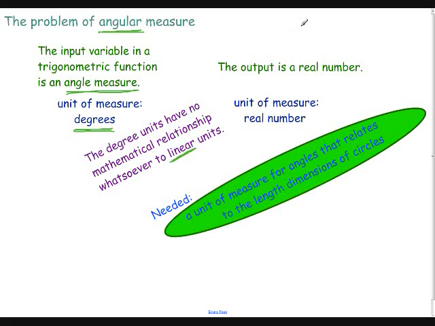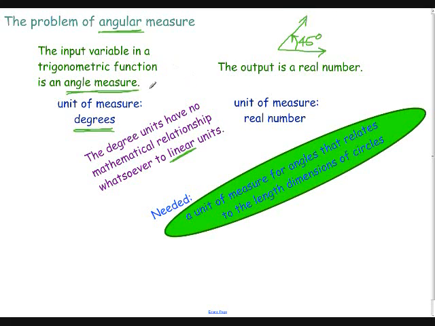If I tell you that we've got a 45-degree angle, that doesn't tell us anything about the length of the rays, or if we're drawing a circle, I should say the radius of that circle.